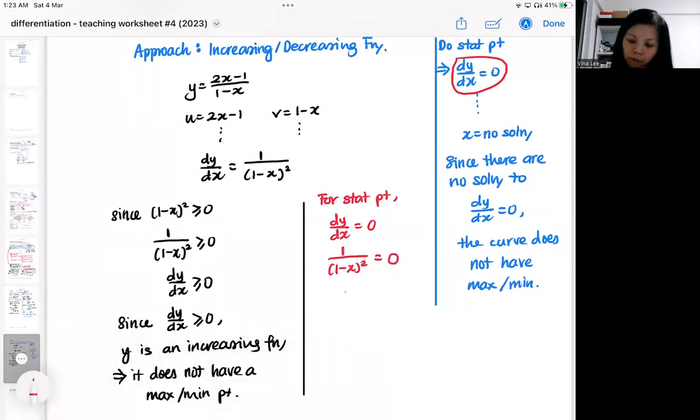There is no solution to dy dx equal to 0 as the denominator is always positive.